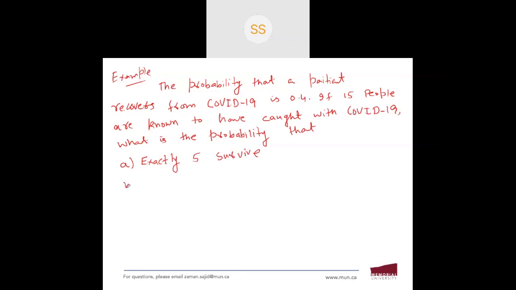The second part is at least 10 survive. And the third is from 3 to 8 survive.